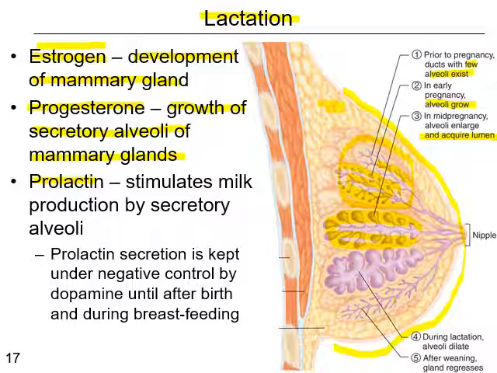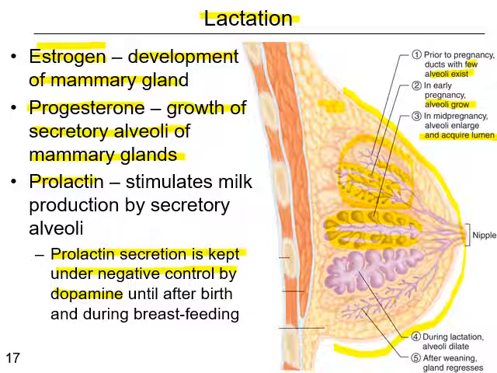Dopamine from the hypothalamus, released at the median eminence, transported to the anterior pituitary by the portal blood flow, inhibited the lactotrophs of the anterior pituitary from producing prolactin. So prolactin was kept under negative control by dopamine.